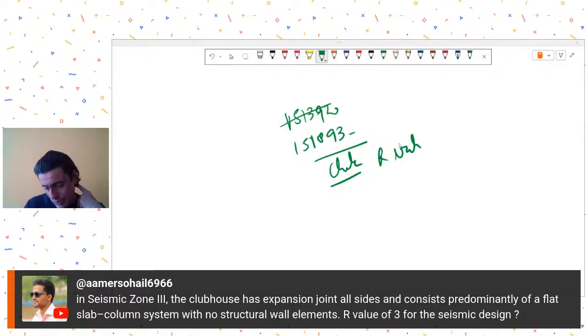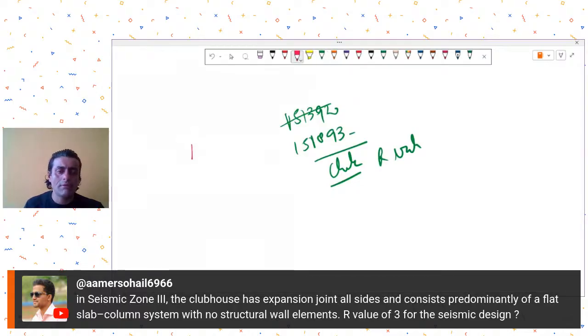Although IS 1893 does not allow you to provide flat slabs without structural walls. If you look at IS 1893 or even 13920, it does not allow you to provide RCC flat slabs with columns without any structural walls. That system is not included in the Indian standards.